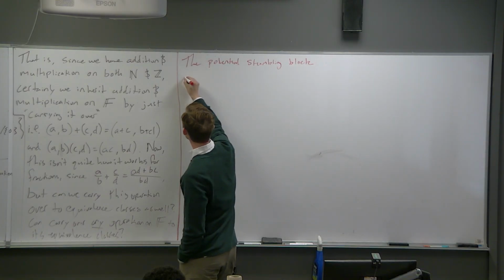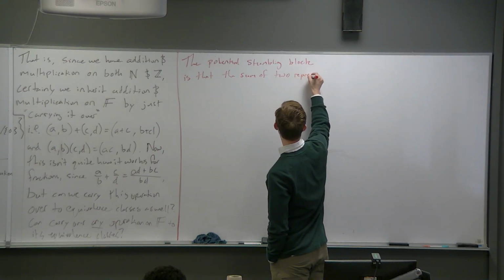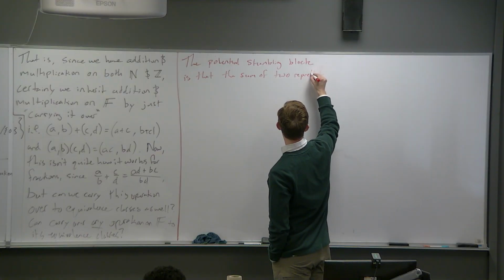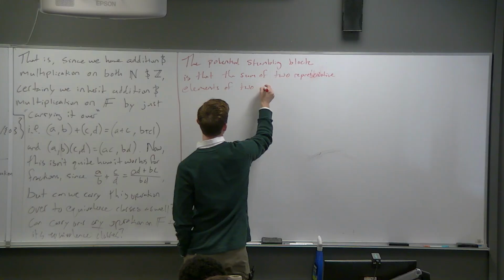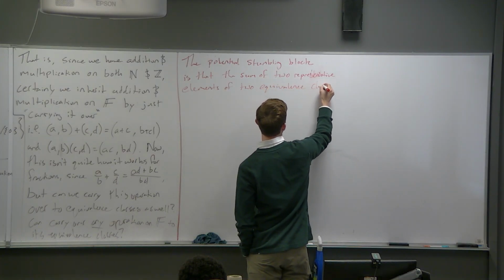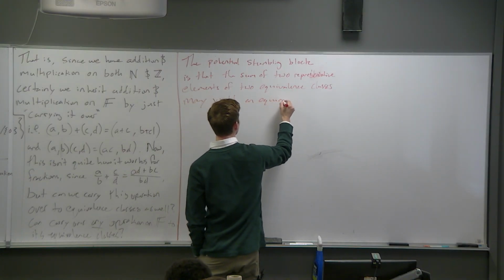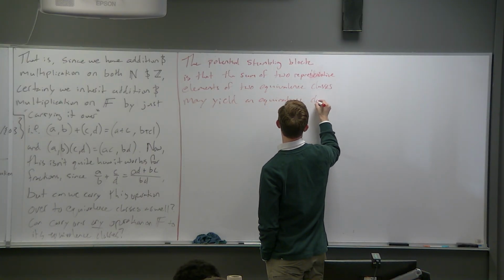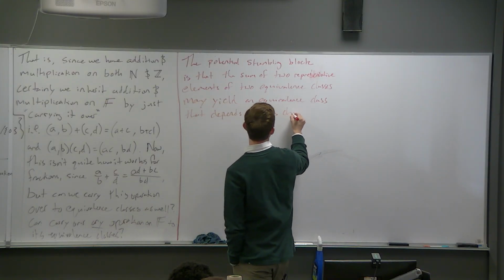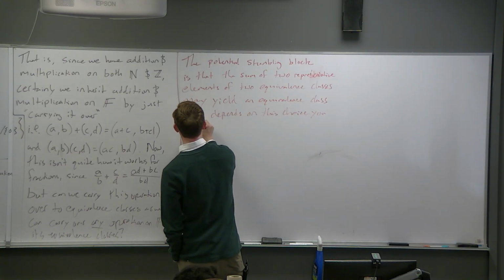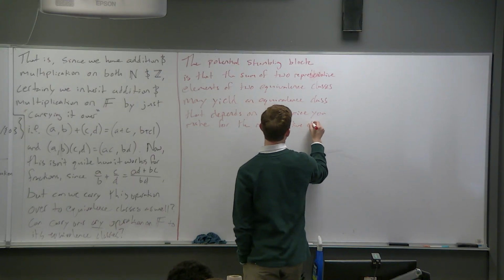So the potential stumbling block is that the sum of two representative elements of two equivalence classes may yield an equivalence class that depends on this choice you make for the representative elements.